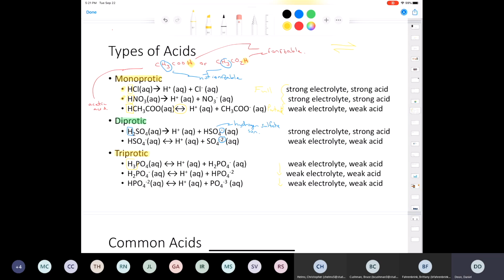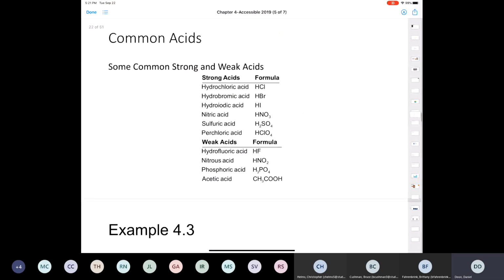Again, just getting going here on acids and bases. Well, if you wanted something to memorize, you have to memorize all of these strong acids and weak acids. I'll even write that on here for you, just so you're fully cognizant that you have to memorize all of these. You have to memorize hydrochloric acid, hydrobromic acid, hydroiodic acid.